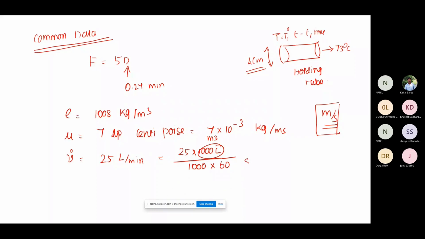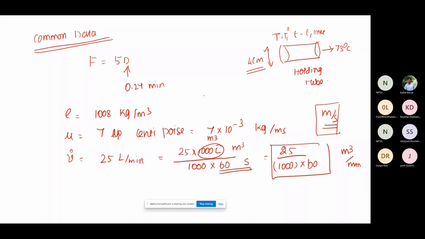So 25 upon 1000 into 60, if you get this value, then this becomes meter cube per second.